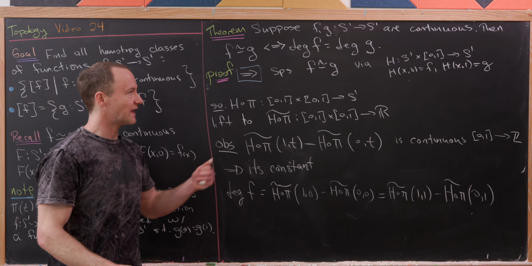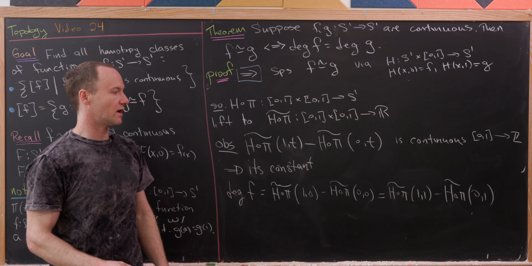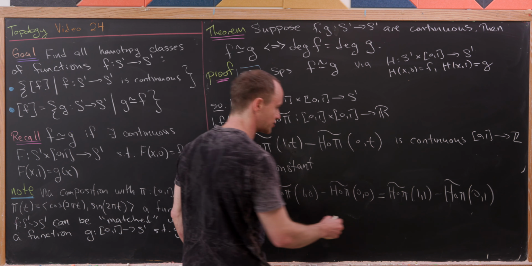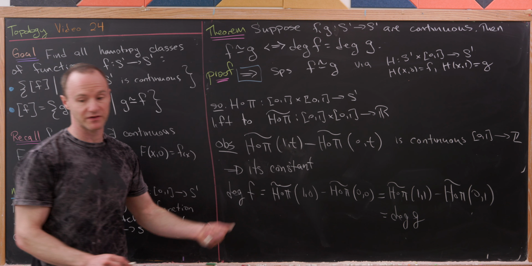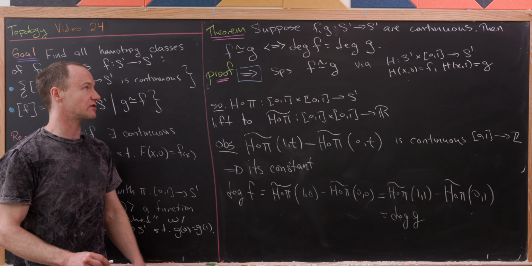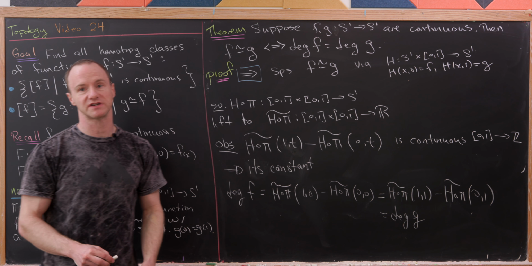But then that's going to be g tilde of 1 minus g tilde of 0, which is defined to be the degree of g. So there we have it. The degree of f is equal to the degree of g, assuming they're homotopic.